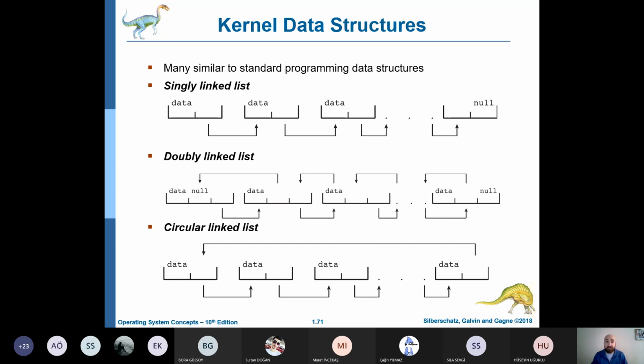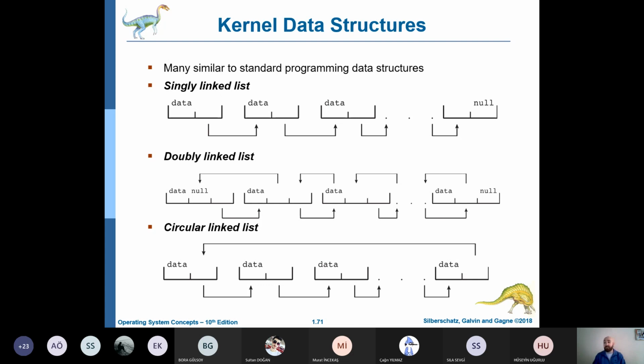Also, you take the data structures course. So that means you already know some data structures such as singly linked list, doubly linked list, circular linked list, etc. But if you do not remember the details on these structures, you can take a look at the textbook.